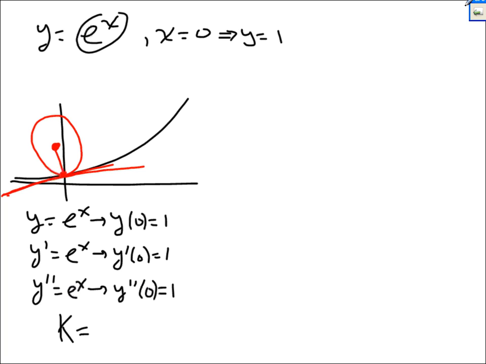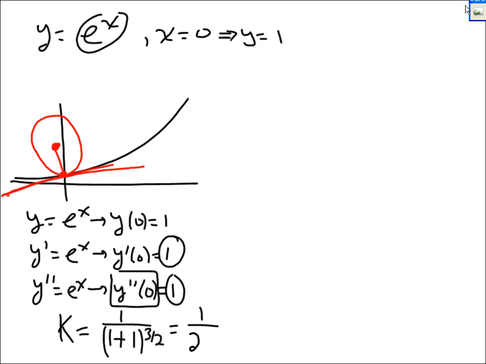The curvature is the absolute value of y double prime, which is 1. The absolute value of 1 is 1. Divided by 1 plus y prime squared. y prime at our point is 1. You square it, you still get 1. And this is to the 3/2 power. And of course 1 plus 1 is 2.